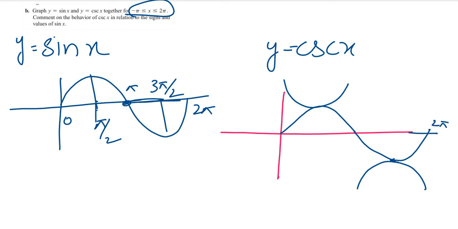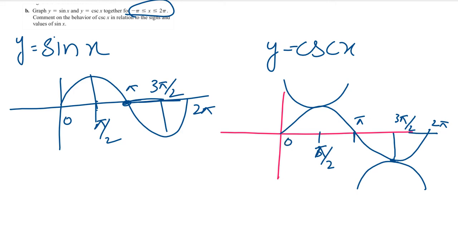Over here is the 2 pi. The midpoint again will be 3 pi over 2. It's the pi by 2. And over here is the 0.